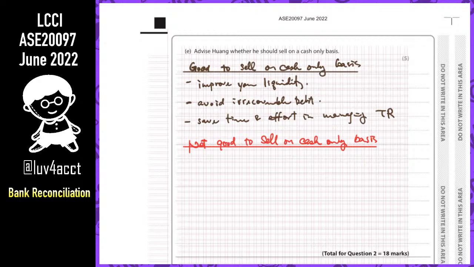But then, how about not good to sell on cash only basis? You can see, if you have competitors selling on credit, and you are offering only on cash, what would your customer think? Of course, that you may lose business to competitors.